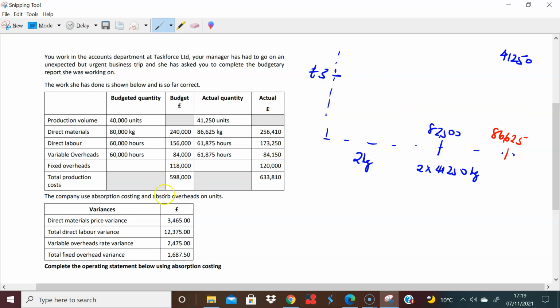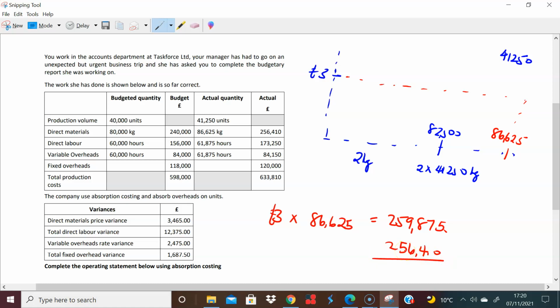But let's just prove this price variance, because they don't tell us if it's favorable or adverse, which is why I'm saying you literally still have to do everything. You are supposed to spend £3 on each of those kilograms. So you're supposed to spend £3 times 86,625, which is £259,875. That's what you're supposed to spend. But you spent, it says it here, £256,410.